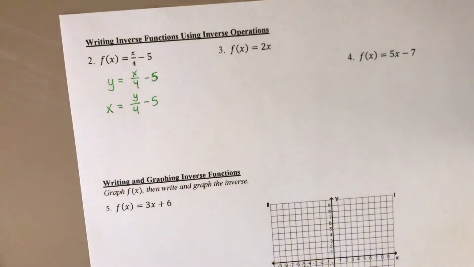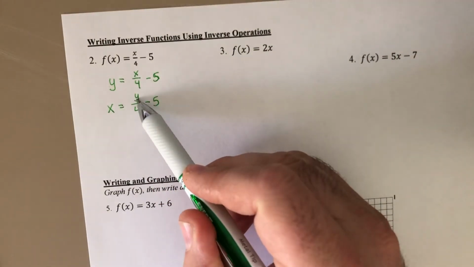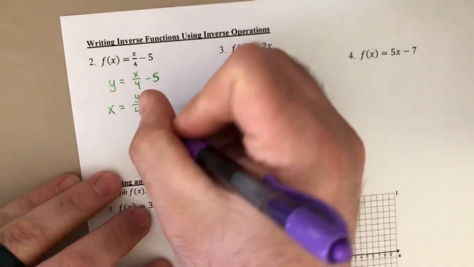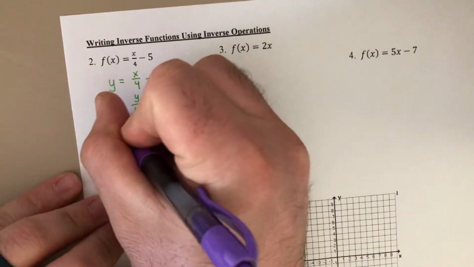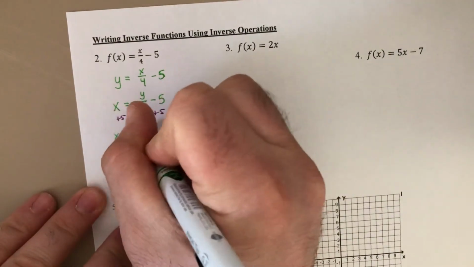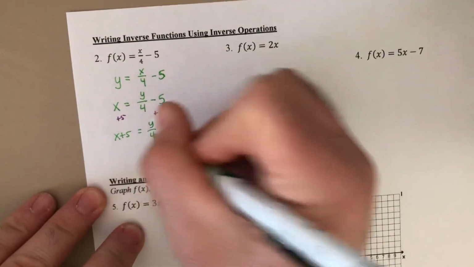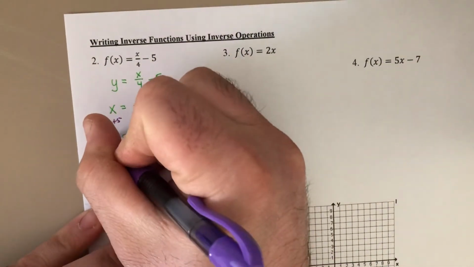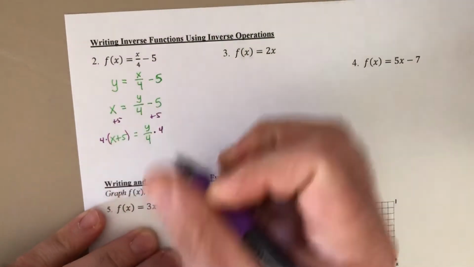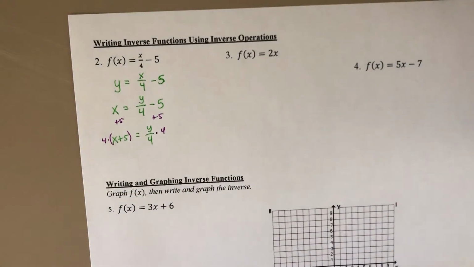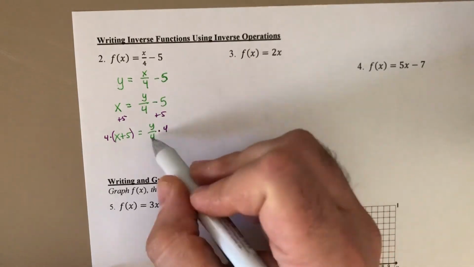Okay. Now that I've switched places, now solve for y. So when you get y alone, what would I do first? I'm going to get rid of that 5 by adding 5 to both sides. And that'll give me x plus 5 equals y over 4. Okay, and then the last step, I'm going to multiply both sides by 4. Now be careful, this whole side gets multiplied by 4, so there's going to be a distribution here. Multiplying by 4, those cancel. That's why we did it.